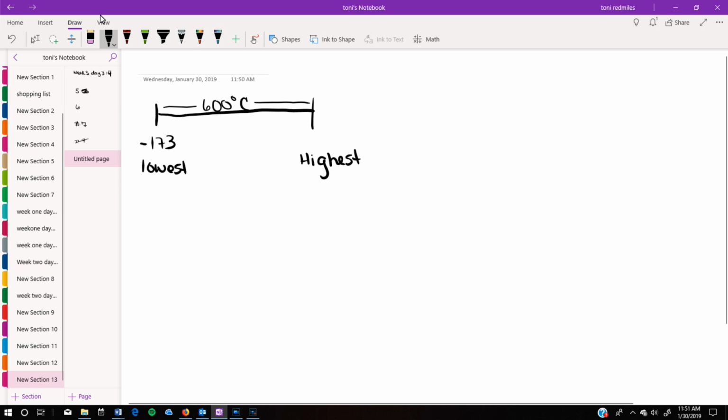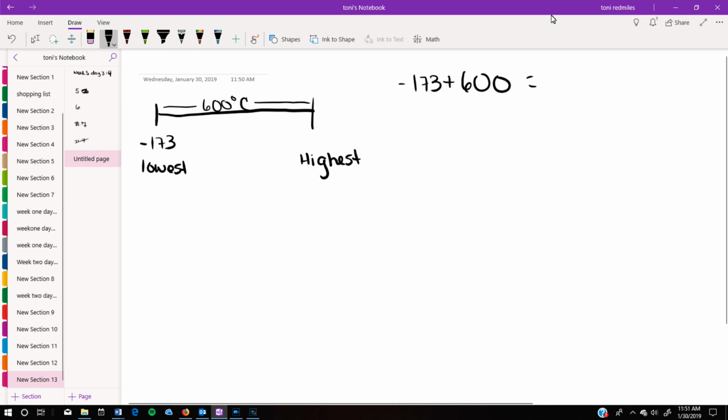Write and solve an equation to find the highest temperature. So first I've got to find the difference between these, okay? Because if I have negative 173 and the highest is 600 points away, I'm going to add these two, which is actually subtracting, right? Because when we do these types of problems, we are actually subtracting.